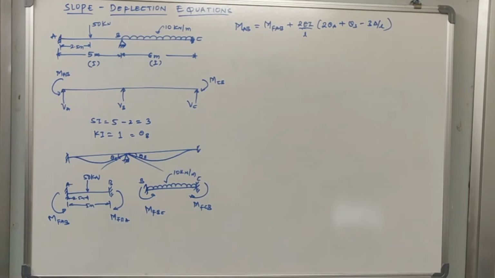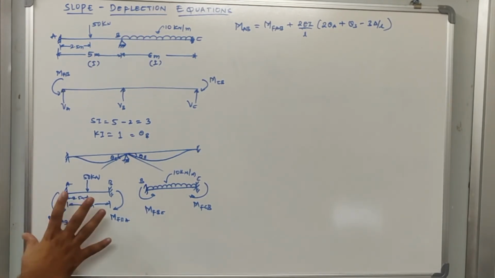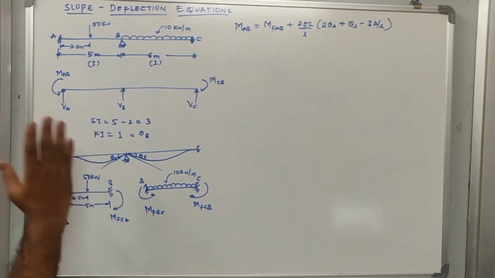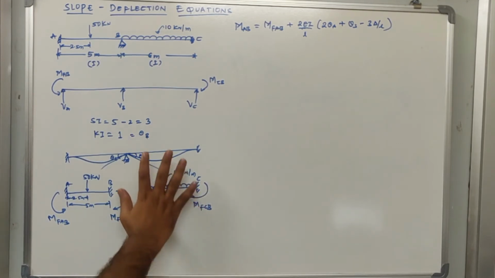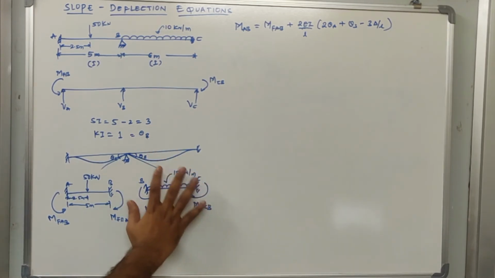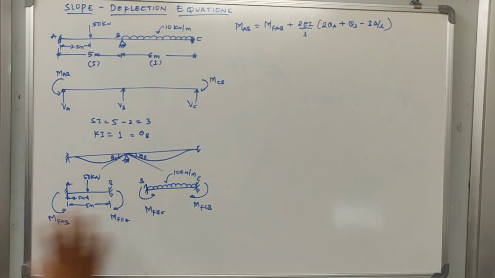You try to solve the fixed end moments for this. I hope you all remember the equations to calculate the fixed end moments for a concentrated load at the center, and you also know the equation for UDL. You solve both of these and tell me the answer.